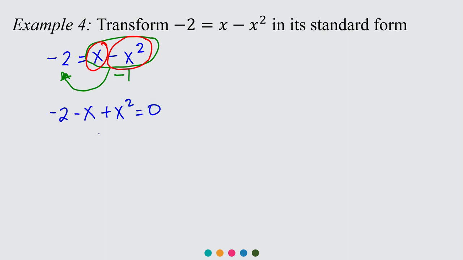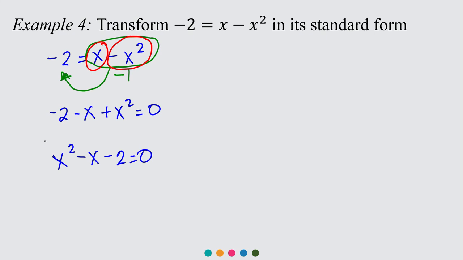Since tapos na natin na ilipat na lahat ng constant and ng terms doon sa isang side ng ating equation, ayusin na lang natin ito into standard form. So, unahin natin yung leading term, which is x squared, minus x, which is the linear term, and the constant.